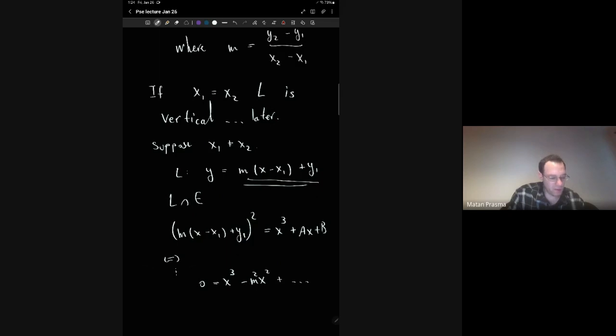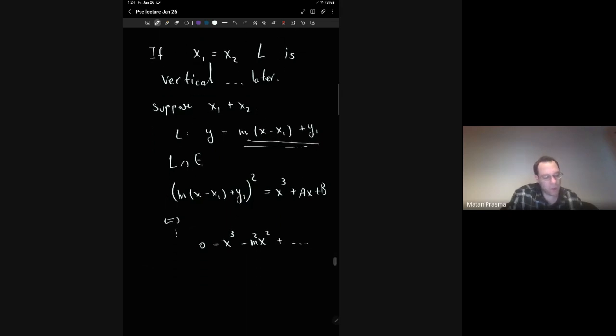Now, this is a cubic equation. We know that x1 and x2 are roots of this equation, star.